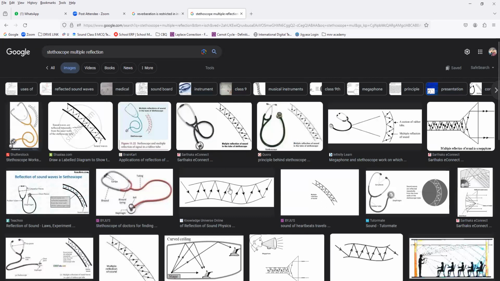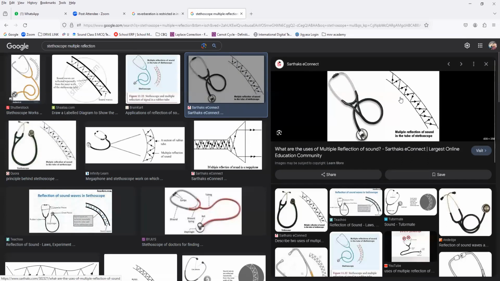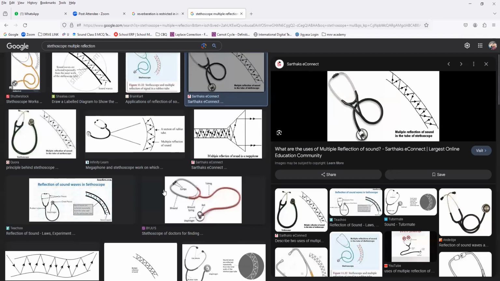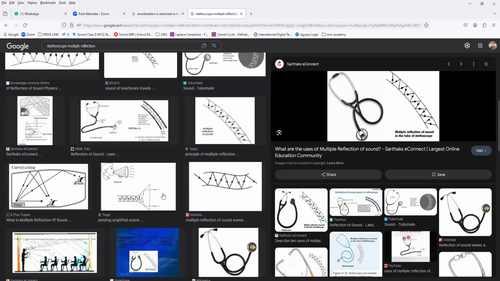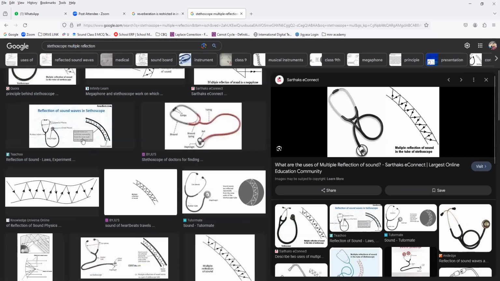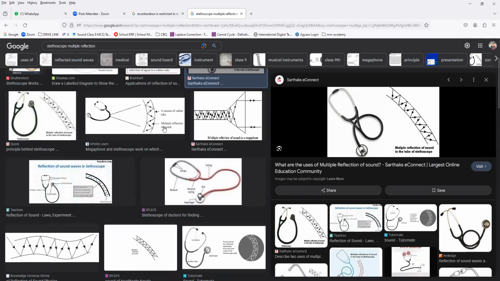In the stethoscope, the heartbeat keeps on reflecting before reaching our ears, so the sound becomes many times larger than the normal sound produced by the heart. When it reaches us, it is a very loud sound. Many of you might have stethoscopes, so you might have experienced this. This is another principle where reverberation, or multiple reflection, is helping.